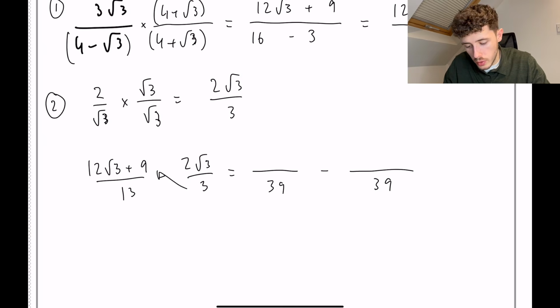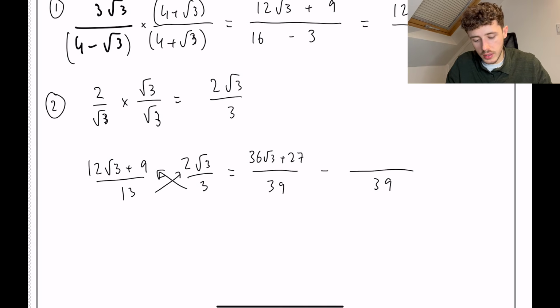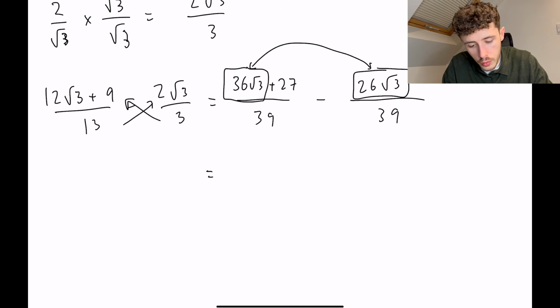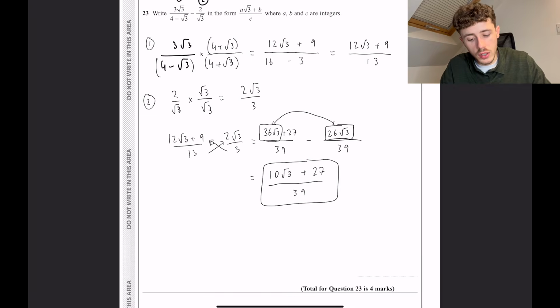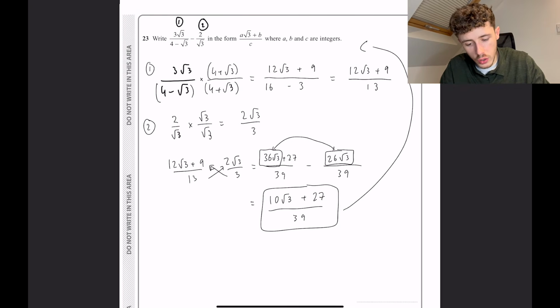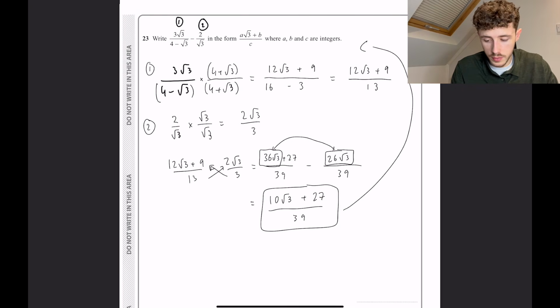So if we cross multiply to make our numerators match, we're going to have 36 root 3 plus 27 on the left-hand fraction, and we're going to have 26 root 3 on the right-hand fraction. And you'll notice that these two numerators can be subtracted from each other, which makes our life a bit easier and tidies it up a bit. 36 root 3 take away 26 root 3 is going to be 10 root 3 plus the 27, divided by 39. And that is an answer that satisfies the requirements at the top where a, b and c are all integers.